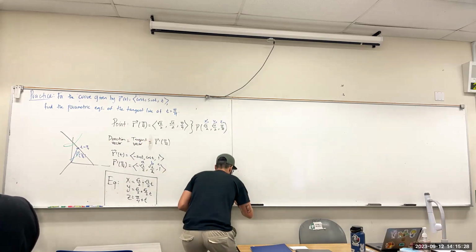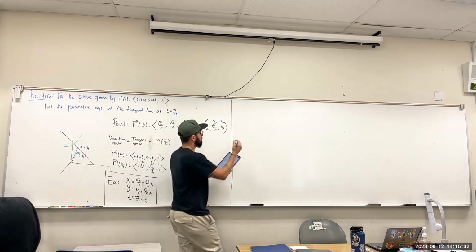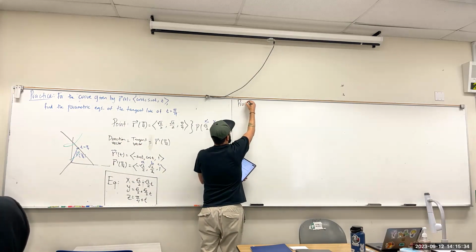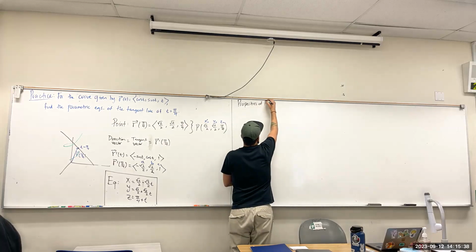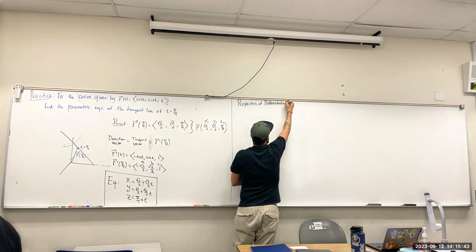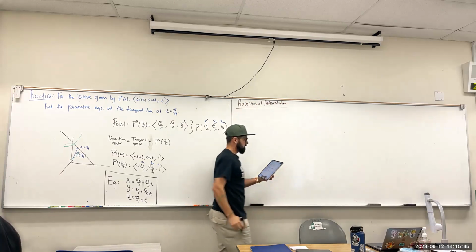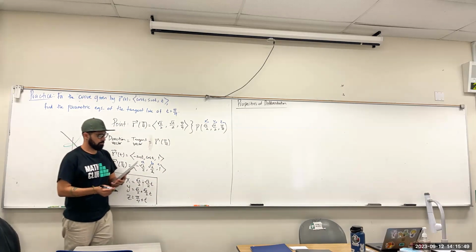I apologize for this part. I always hate writing properties because it's a lot of writing. Properties of differentiation. There are some cool ones though. Some are like, oh yeah, I've seen these, and others are quite cool.